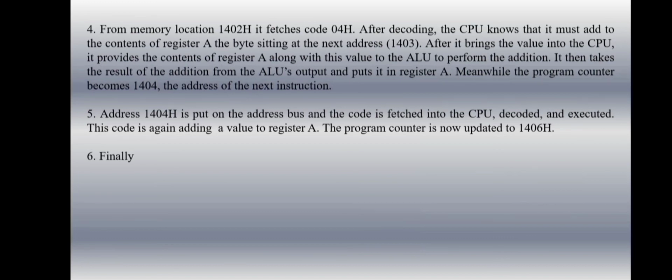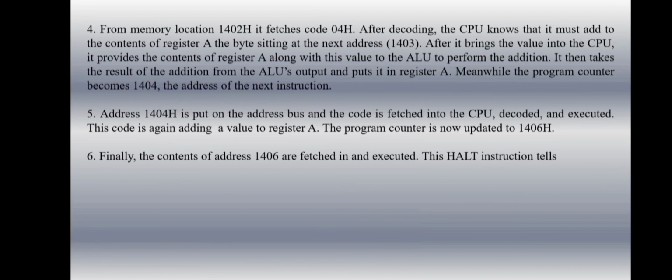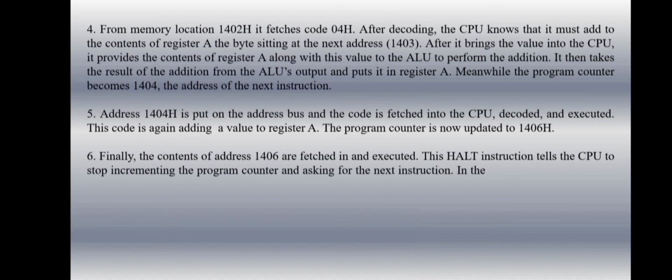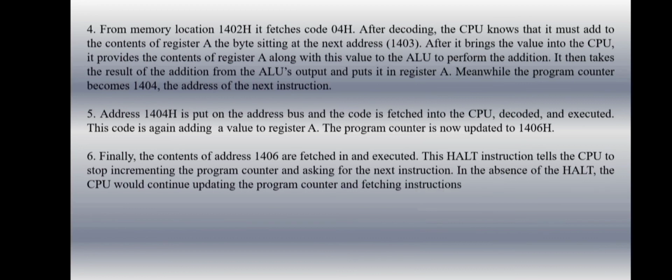The final step is the contents of address 1406 are fetched in and executed. This halt instruction tells the CPU to stop incrementing the program counter and asking for the next instruction. In the absence of the halt, the CPU would continue updating the program counter and fetching instructions.